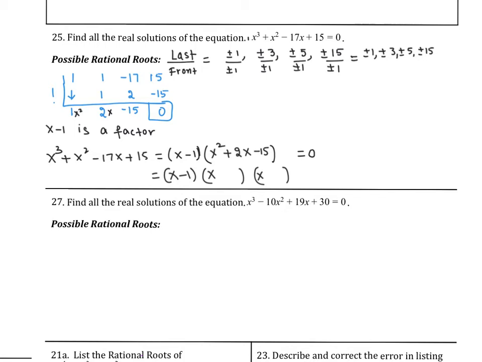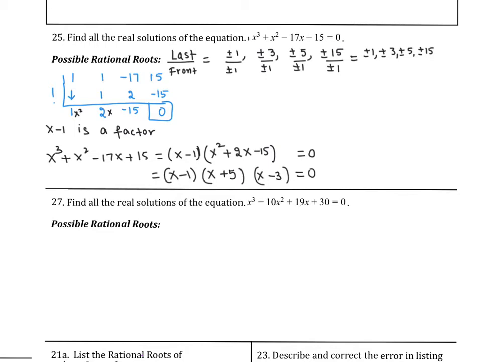Two numbers that multiply to be negative 15 and add to be 2 are plus 5 and minus 3. So we have three factors of this big polynomial: x minus 1, x plus 5, and x minus 3.